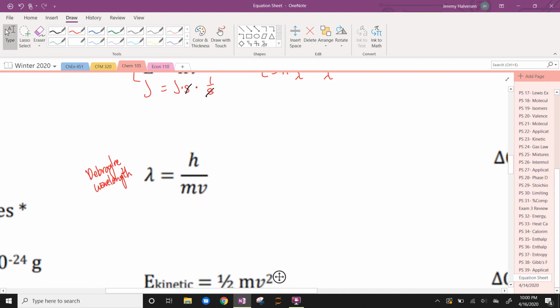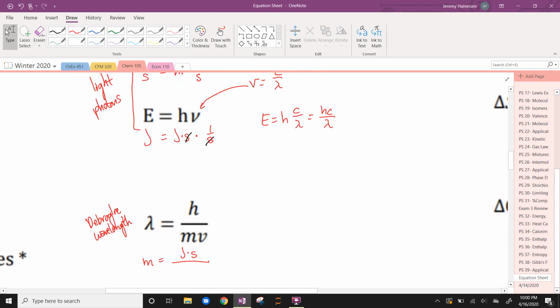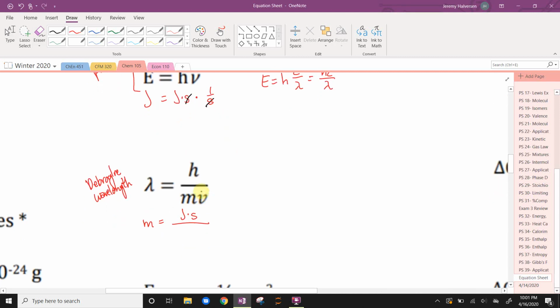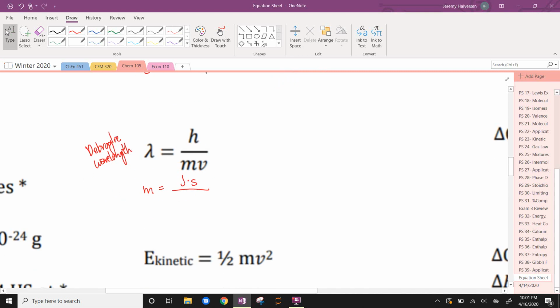So we have the wavelength, which is going to be in meters because it's a length, equals Planck's constant, same one as before, in units of joules times seconds, over mass times velocity. You can see here the V's are a little bit different. This is the frequency, but this is the velocity. A good rule of thumb, anytime you have this V with an M, it's going to be velocity, not frequency. So you got your mass, which is going to be in kilograms, we'll talk about why in a second, and then you have your velocity, which is in meters per second.